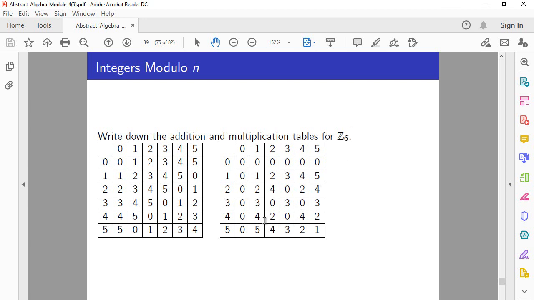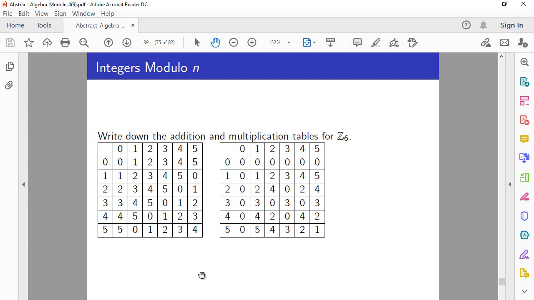Let's say I look at 4 and 2 here. 4 times 2 is 8, and 8 modulo 6 is 2. 5 times 5 is 25, but 25 modulo 6 is 1.